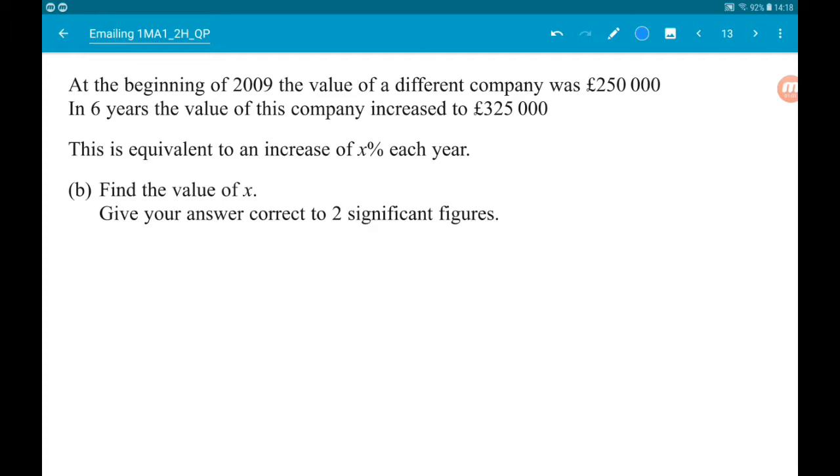So we're going to call that decimal multiplier y. Can't call it x because x is the percentage rate. So what we can say is that £250,000 times y to the power of 6 is equal to £325,000.